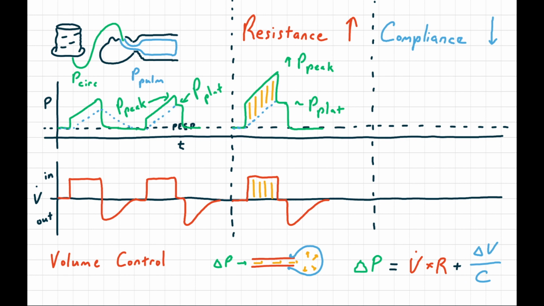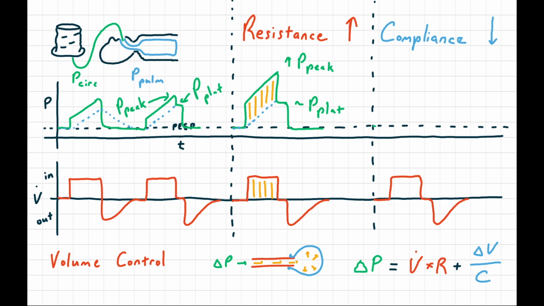Let's contrast that with what happens in a situation where your compliance has decreased. Starting down on the flow diagram, just like before, you start out at equilibrium at end expiration. The ventilator forces a constant flow rate breath into the lungs, settles on an inspiratory hold for a moment, then allows for exhalation.